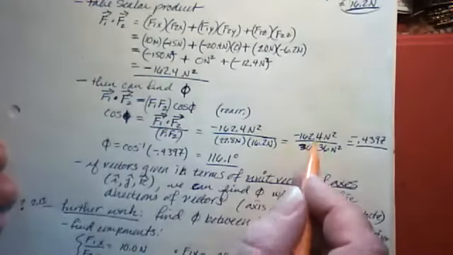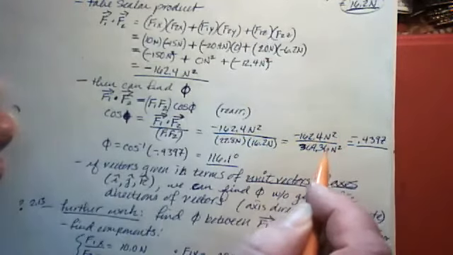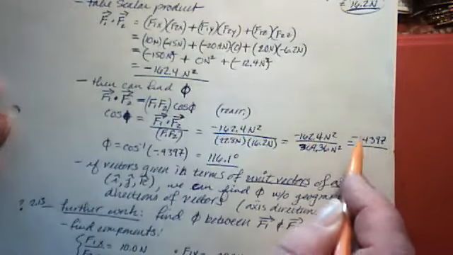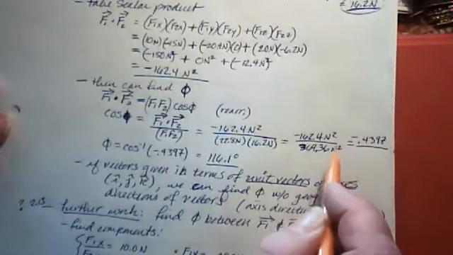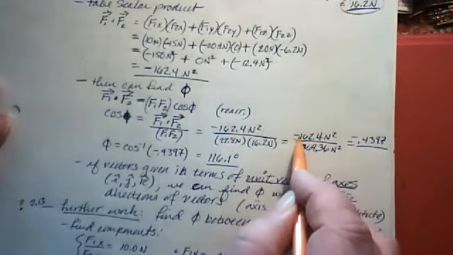And that's equal to negative 162.4 square newtons over 369.36 square newtons, which comes out to negative 0.4397. Notice it's negative because the 162.4 was negative.